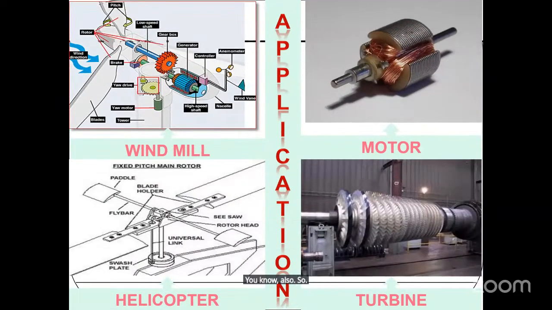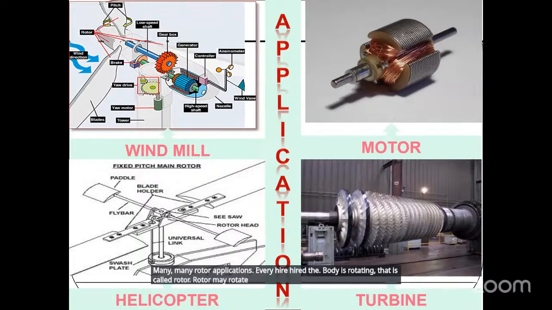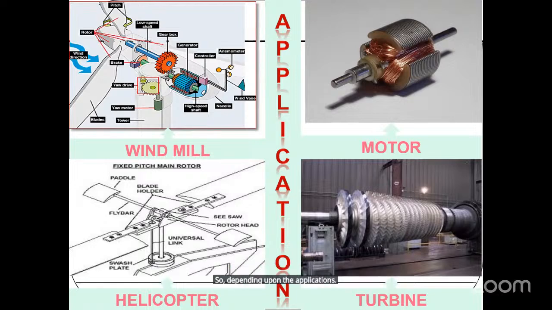So there are many rotor applications. Everywhere where a body is rotating, that is called a rotor. A rotor may rotate at low speed or high speed. So depending upon the application, the long shaft is rotating.